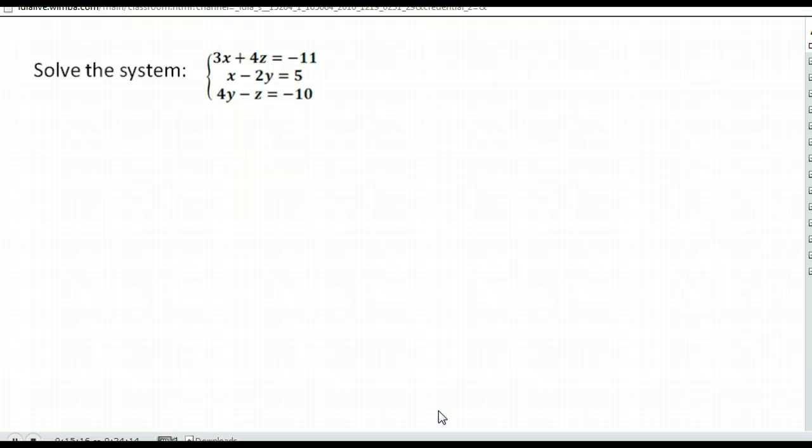Let's say that I like having just y and z, or I just like having x and y, whatever you choose. I'm going to pretend that I just want to have y and z, so I'm going to write this one over here to preserve it. I'm going to use that: 4y minus z equals negative 10.